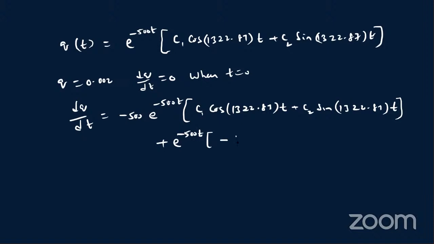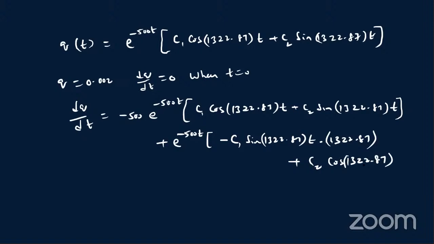It is minus C1, for cos it is minus sign, therefore minus C1 sin 1322.87 t into the inner function differentiation, that is 1322.87, plus C2, for sine it is cos, C2 cos 1322.87 into t, and the inner function differentiation, thereby into 1322.87.